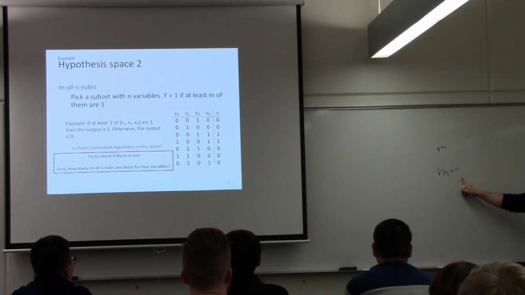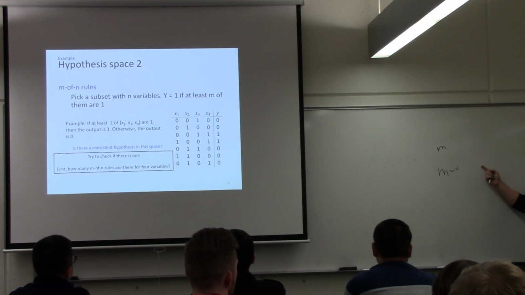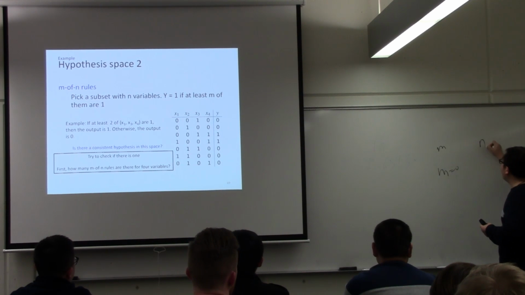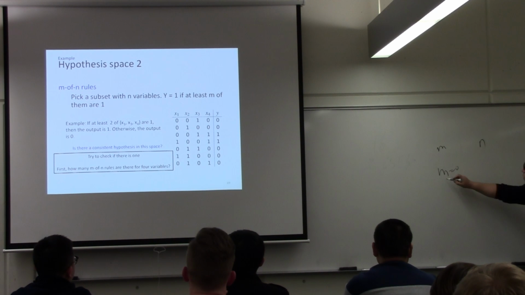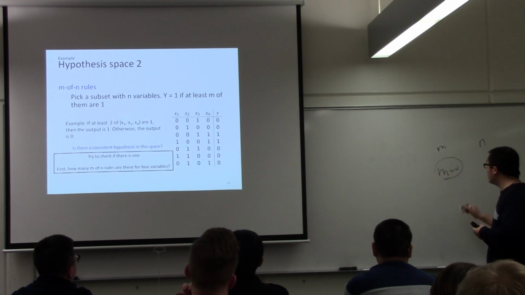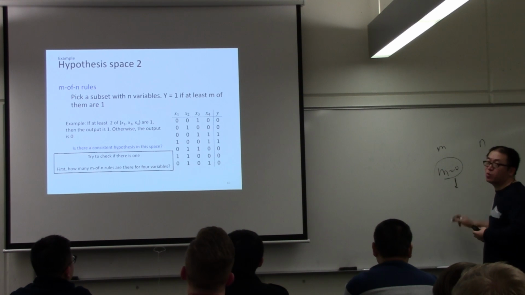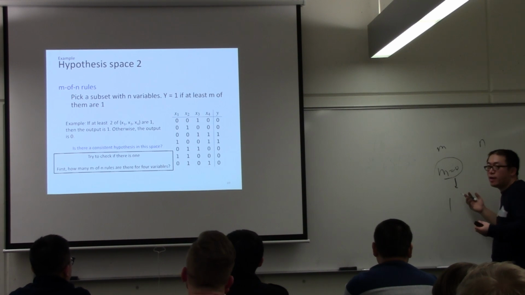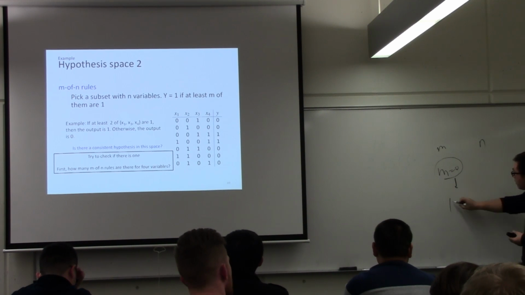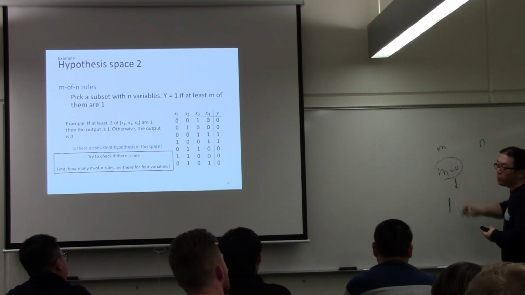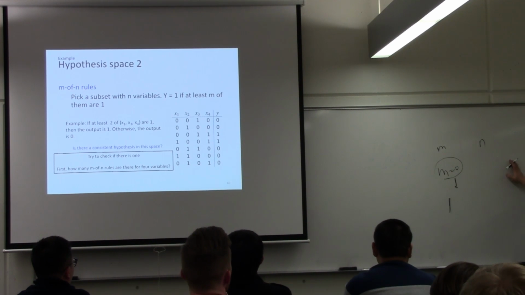What does it mean? Always true. So no matter how you choose the n variables, the function value is always true. So the case of m equals 0 corresponds to one unique function, no matter how you choose n, right? So let us put aside this case that m equals 0, then consider other cases.